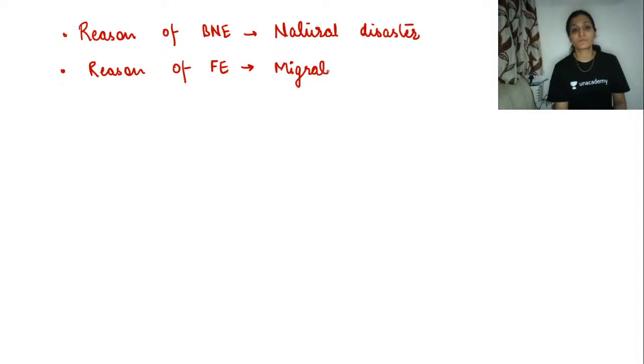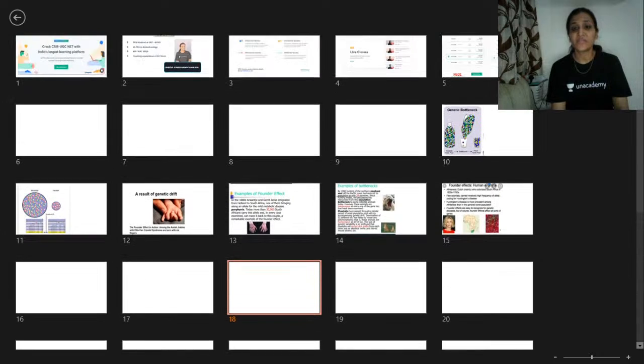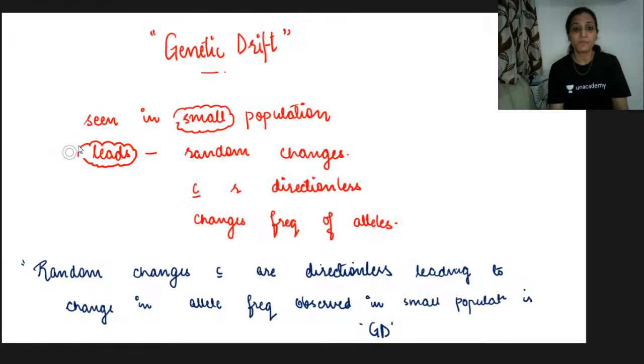So this is how we have completed this topic of genetic drift with detailed examples and a whole explanation in a well systematic manner.